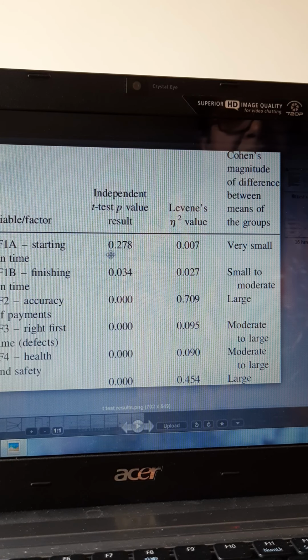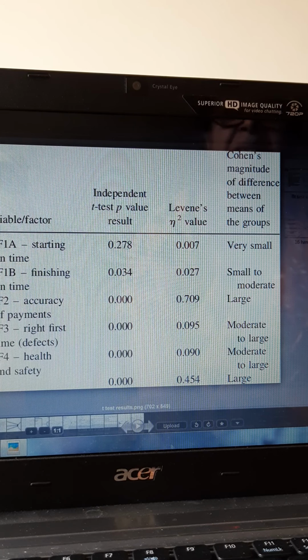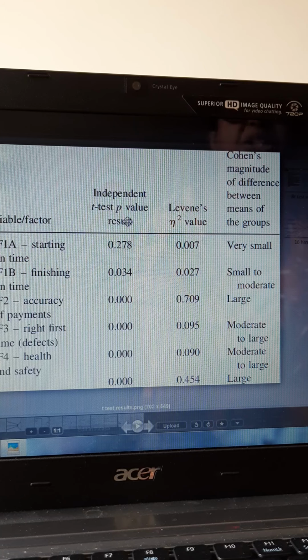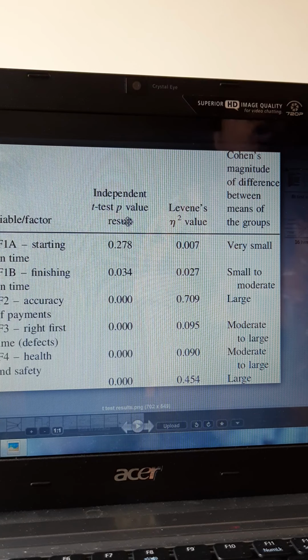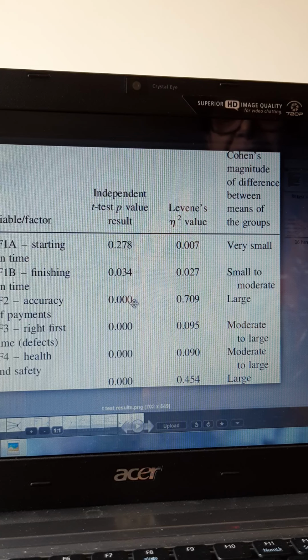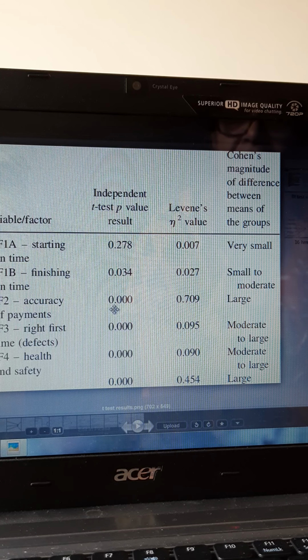Okay, if it is 0.2, then it is very small. I'm just showing you all what kind of outputs would come and how you have to interpret it. If the value is 0.8, then how you will read it is that it is large, moderate to large. Okay, difference between mean of the two groups. Understood? So your null hypothesis is there is no difference between the means.